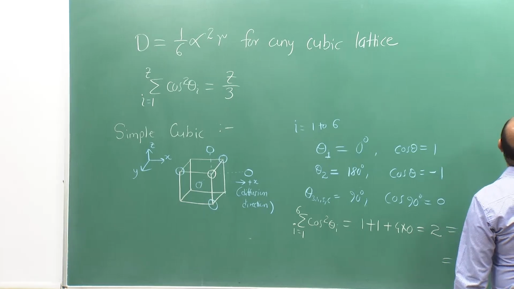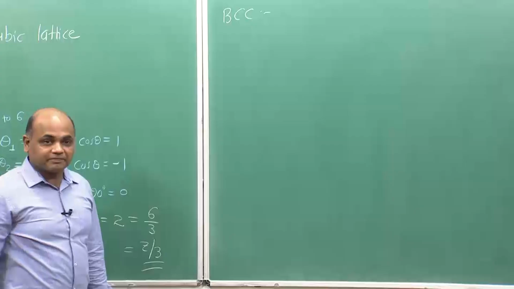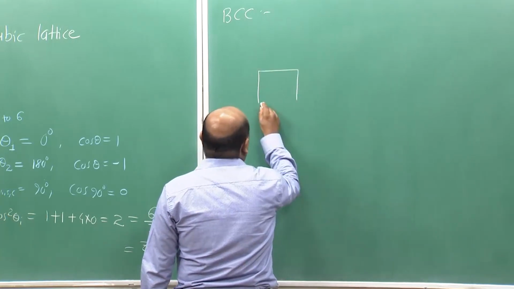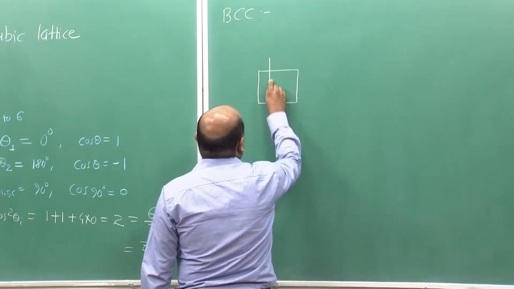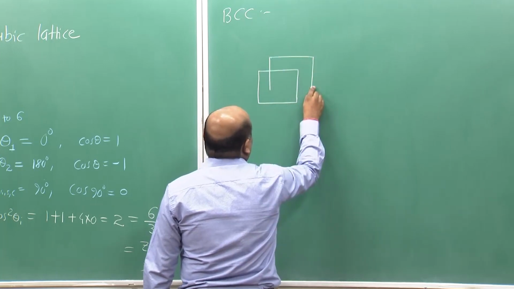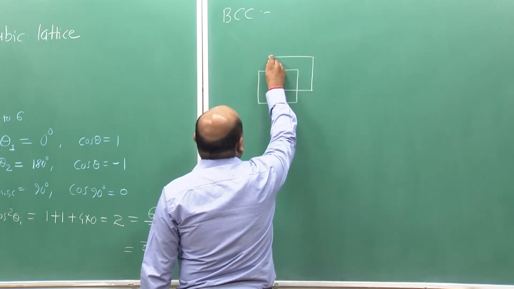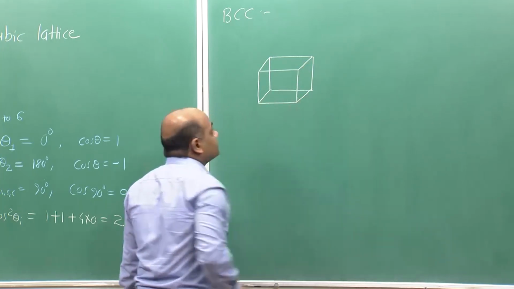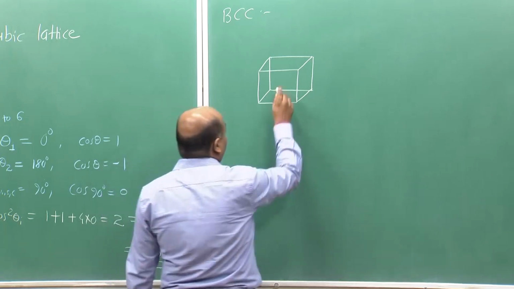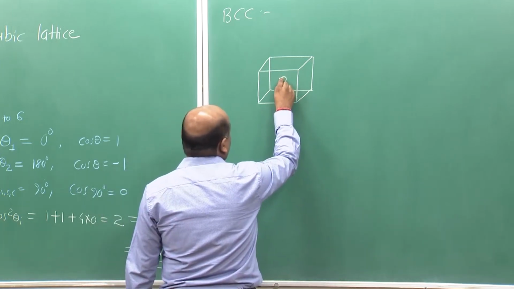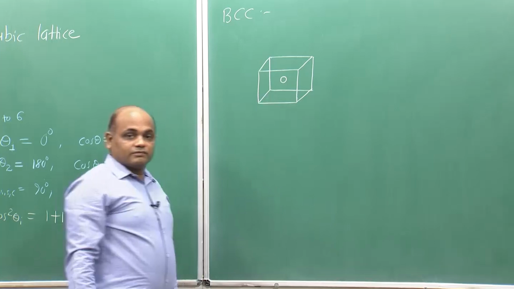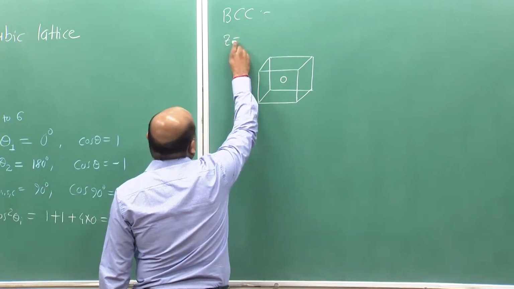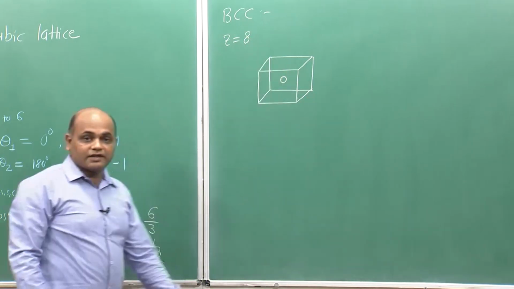Let us consider next BCC. If we draw the unit cell of BCC, and if we consider the body centered atom, the coordination number for BCC is 8, which means there are 8 nearest neighbors.